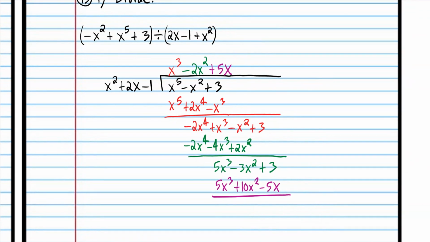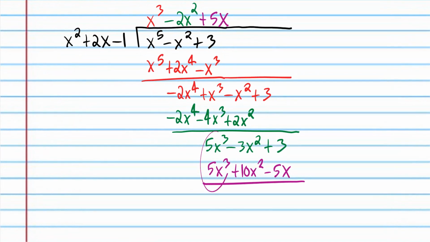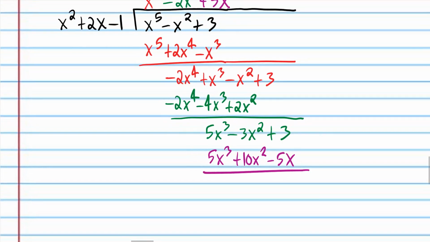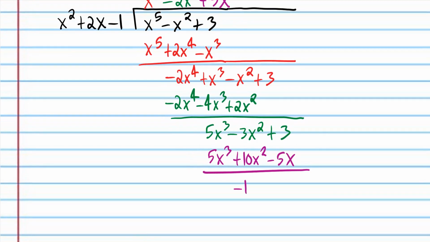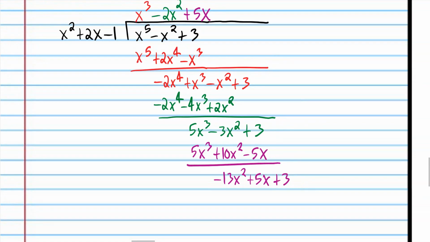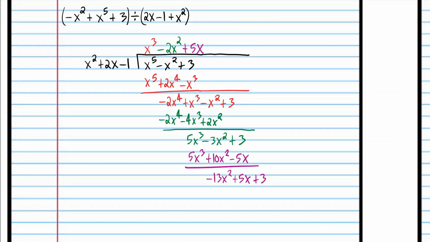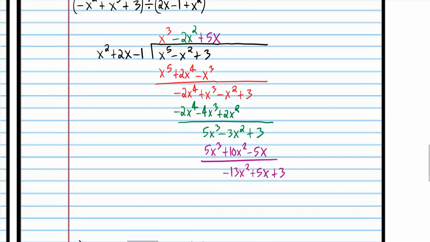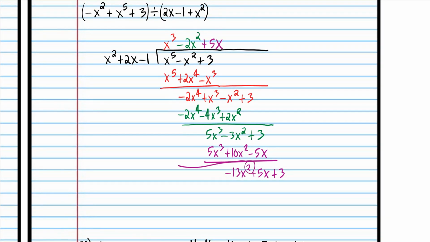Step 3 is subtract. So these cancel out. If they don't cancel out, that means we did something wrong. We get negative 13x squared, and that's a double negative, so that becomes positive 5x. And 3 minus nothing is 3. So we still don't have a degree that's less than the degree of the divisor. So we have to keep going.